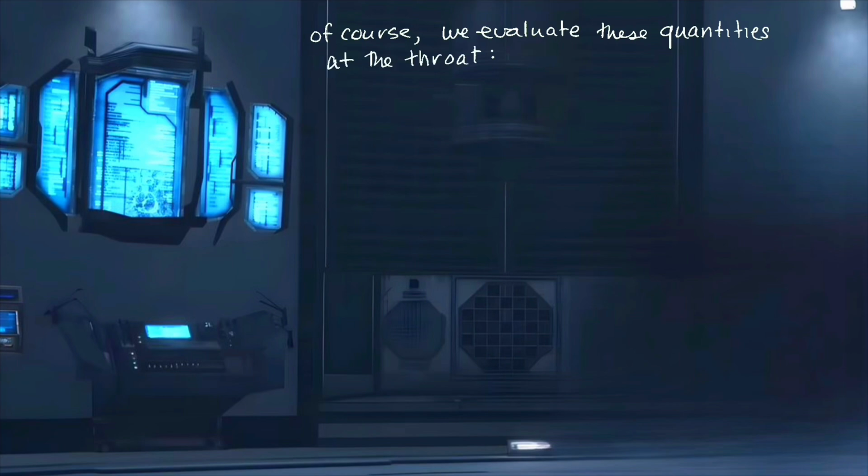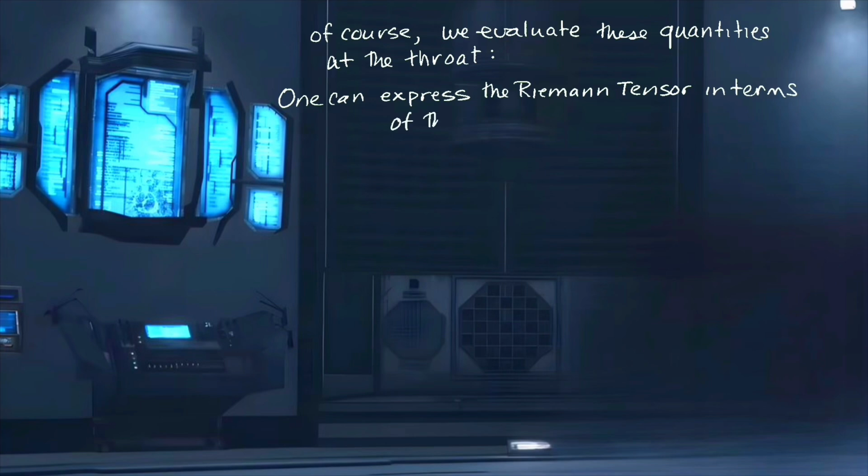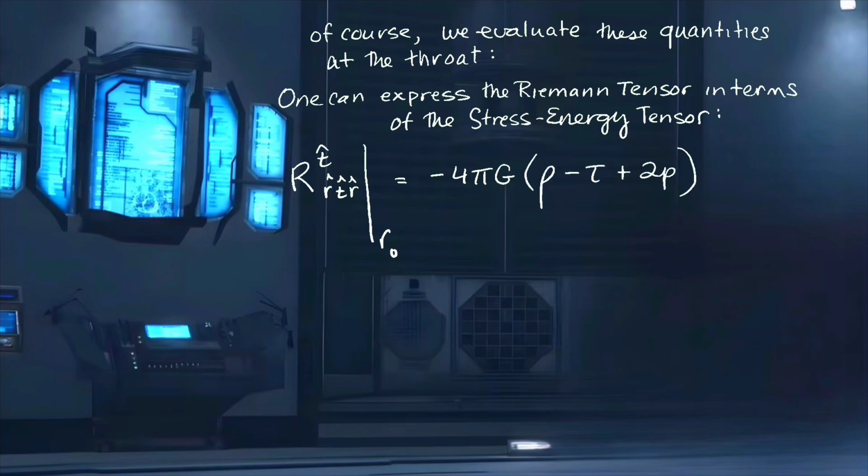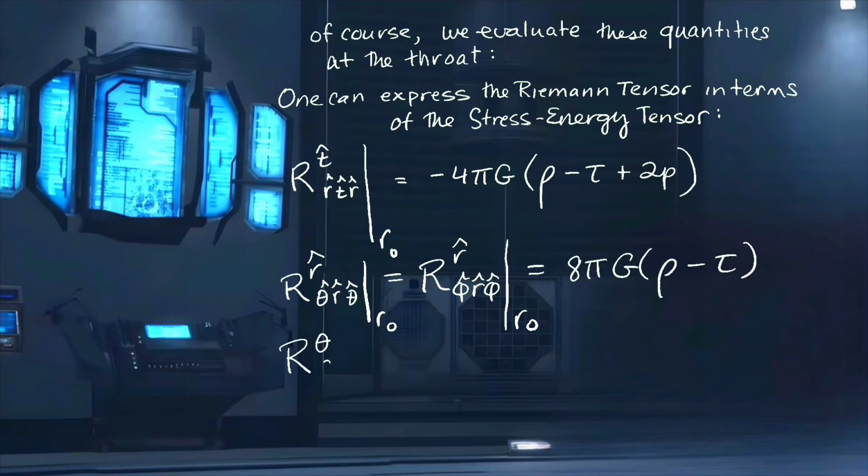Of course, we evaluate these quantities at the throat, and one can express the Riemann tensor in terms of the stress-energy tensor. And these results let us get a grasp on what the energy conditions for our wormhole will be.